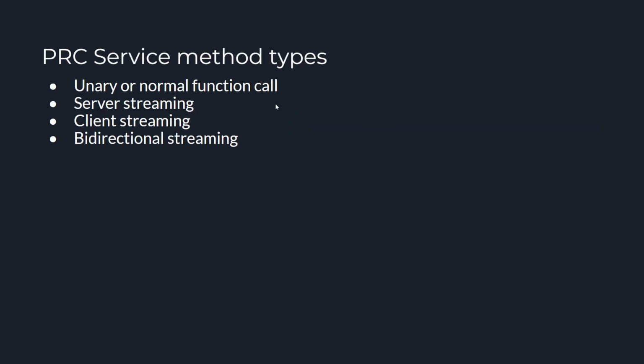We have four types of remote procedure call service methods. The first one is the one that is going to be used in my demo, and that's a unary or normal function call, where the client sends a single request to the server and the server sends a single response back.